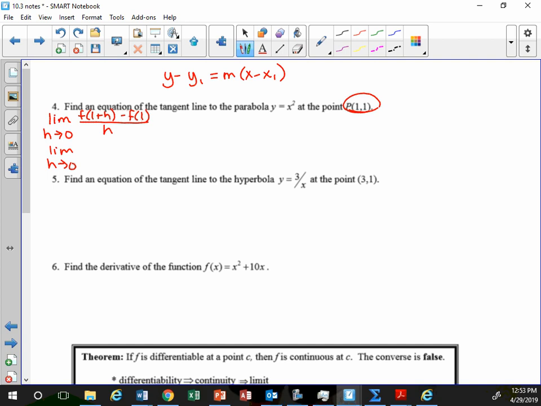And what is that? 1 plus 2h plus h squared. In whichever way you want to write it is fine. And then minus f of 1. What's f of 1 going to be? 1, over h.